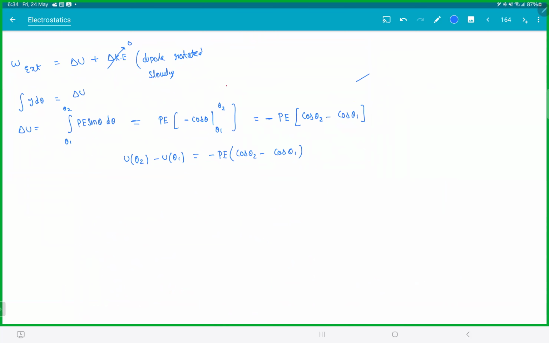Basically, someone took a dipole at P1, making an angle theta 1, and they rotated it to theta 2. So we want to find the work done.